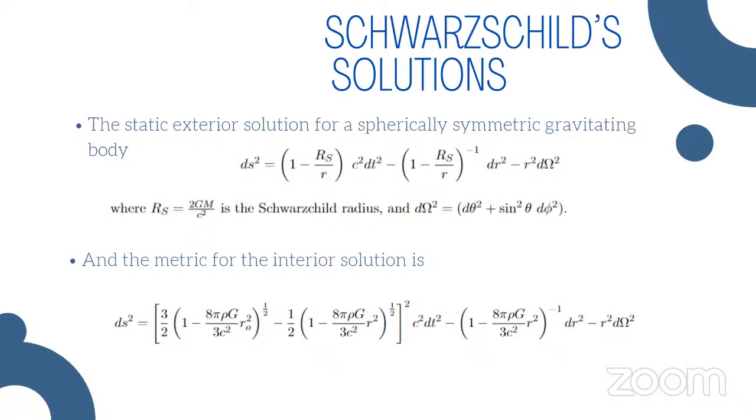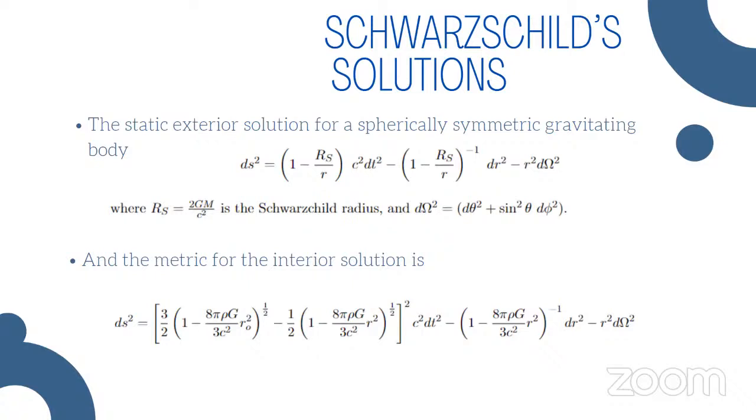Then we have the metric for the interior solution, which represents the gravitational field in the interior of a spherically symmetric body. This body is assumed to be an ideal case, but it has a continuous transformation from the interior solution to the exterior solution.